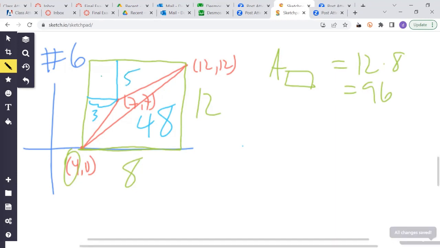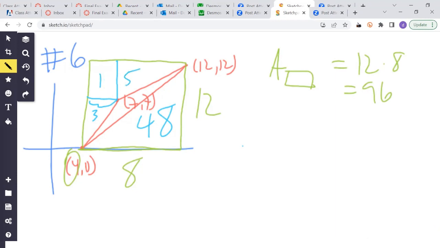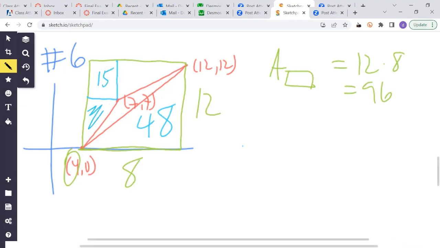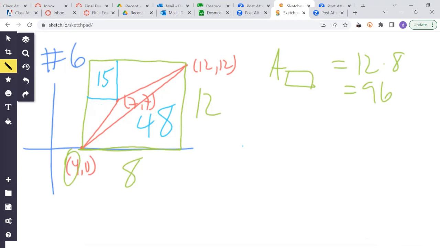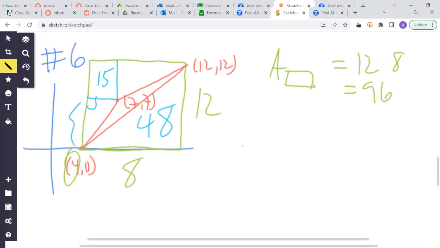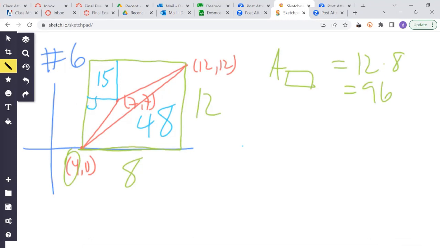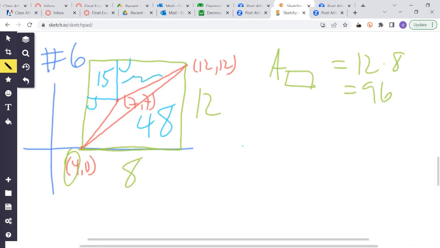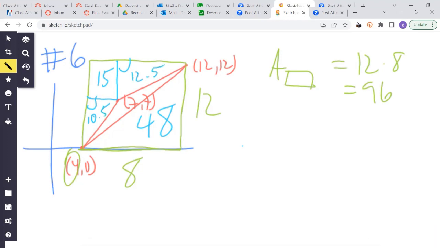And so 5 times 3 is 15. And for this triangle, if you go 1/2 base times height, where this is the base and this is the height, or vice versa, and the same for this one here, you're going to get back 10.5 and 12.5 for those areas.